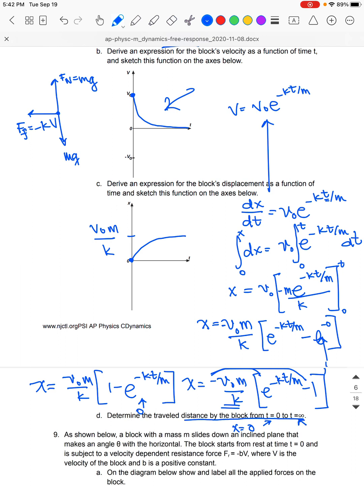And as t goes to infinity, e to the negative kt over m goes down to 0, and so I would get v naught m over k. Hopefully that was helpful.